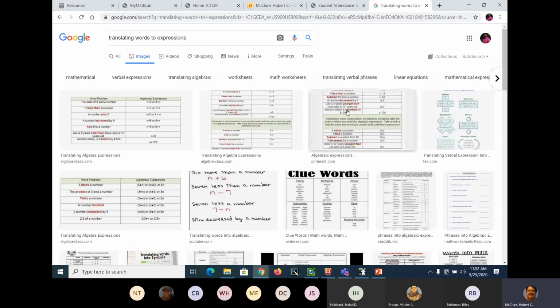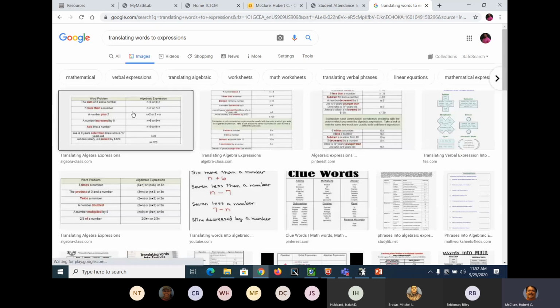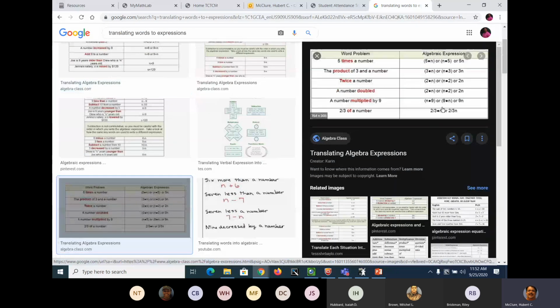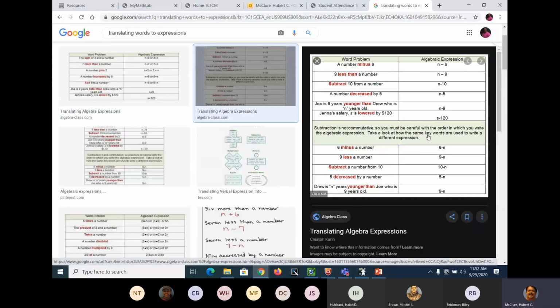And you can put these on an index card. You can print that one out. Click on that one. You can print that one out. There's a good one. I would highly suggest you take one like this and put it on an index card so you won't have to remember everything. That's just something you might want to think about for the one person that's going to do it.